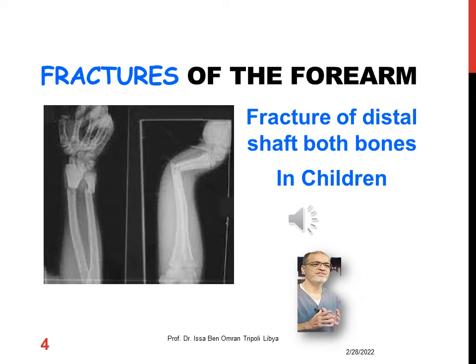Here also we see a common fracture of the distal shaft of both bones, radius and ulna, in early childhood with severe angulation.